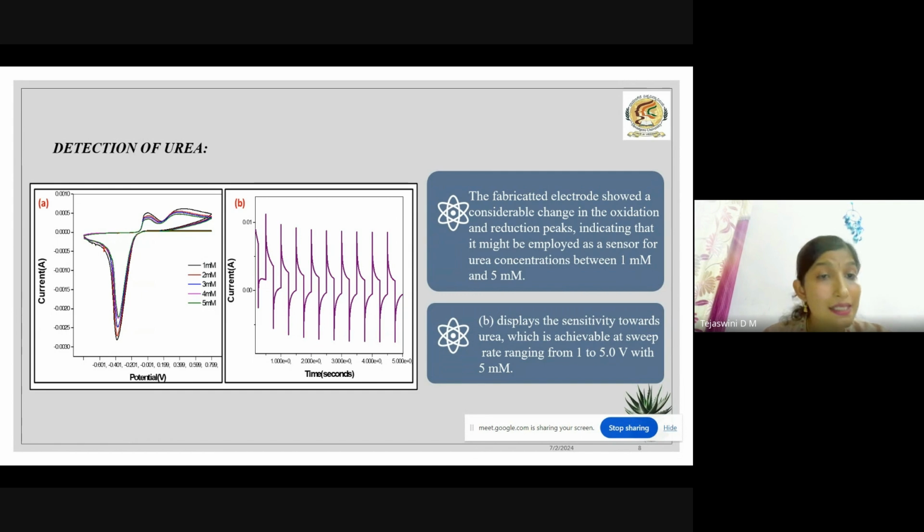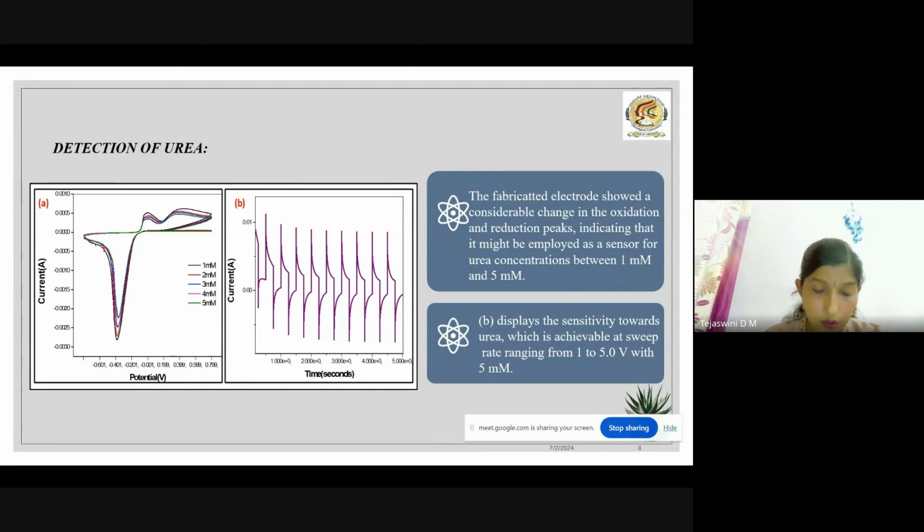In order to determine the selectivity and sensitivity of the synthesized BZF nanocomposite based modified carbon paste electrode, the sensing application for urea is conducted, where the figure depicts the bismuth zinc ferrite nanocomposite based modified carbon paste electrode implemented in the cyclic voltammogram for detecting urea.